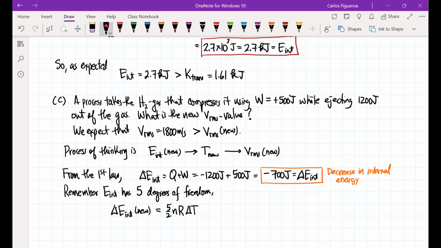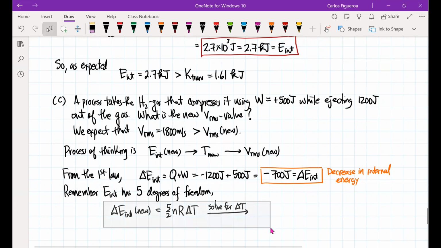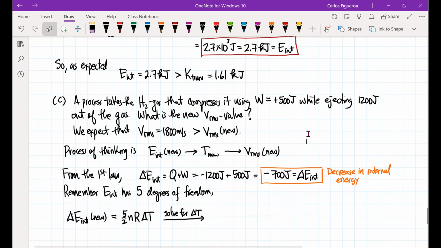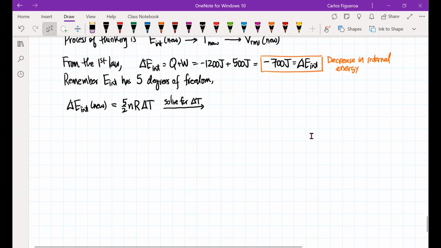Now, if I solve for delta T, doing the algebra, it's going to be 2 times the change in internal energy divided by 5nR.